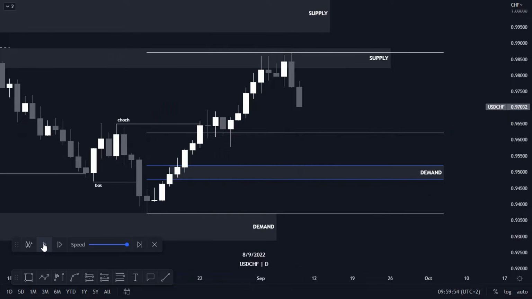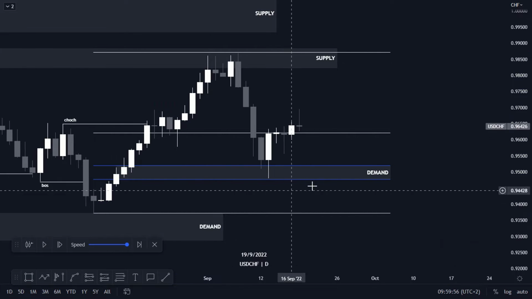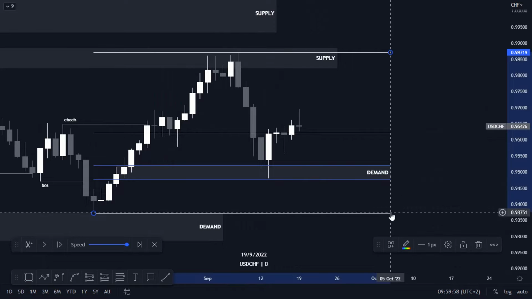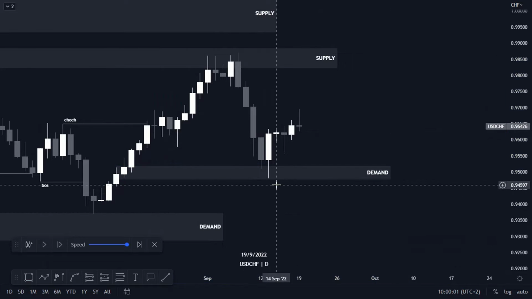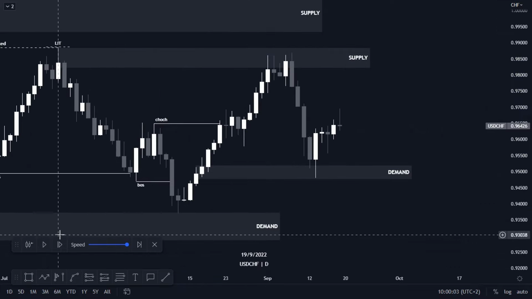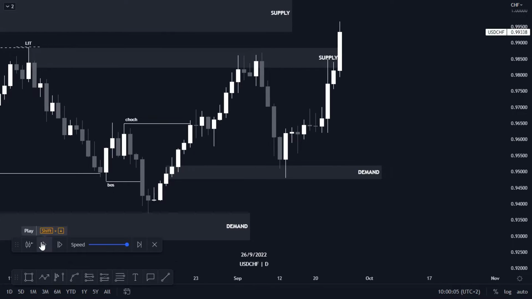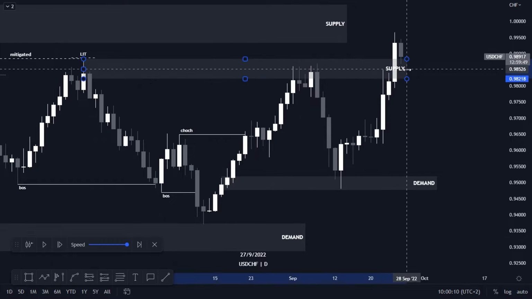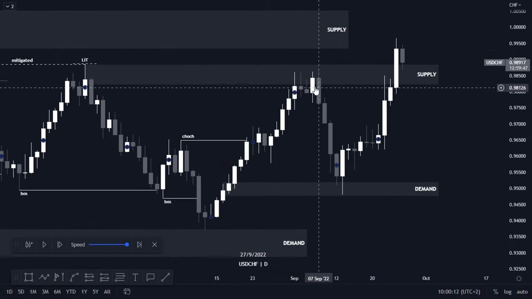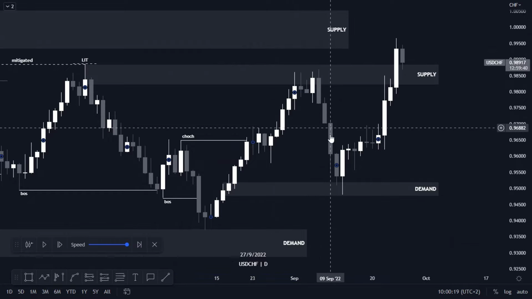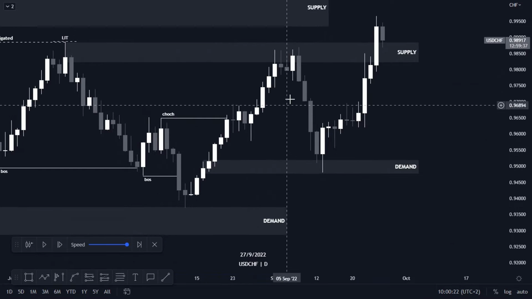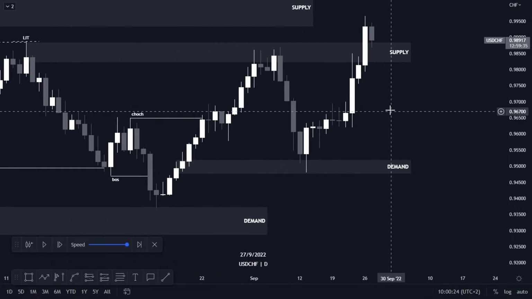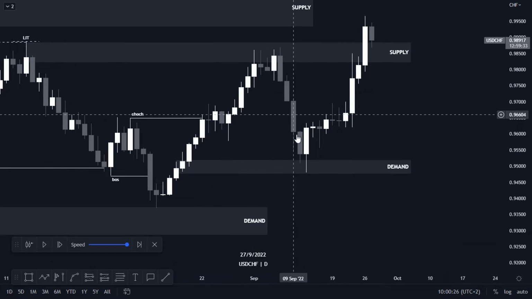Okay, price pushes to the downside, and as you can see, taps into our demand area and now pushing to the upside. Okay, so let's play price. As you can see here, as I told you, this supply area is invalid. The supply area held for a little while, but then it didn't hold.